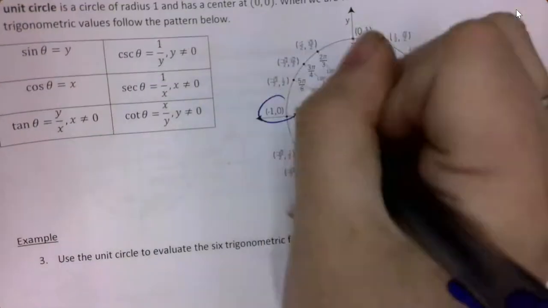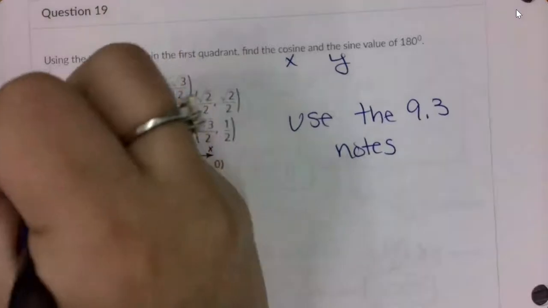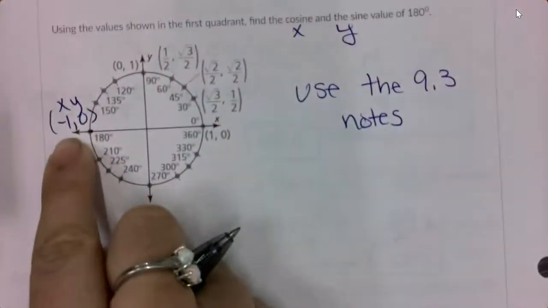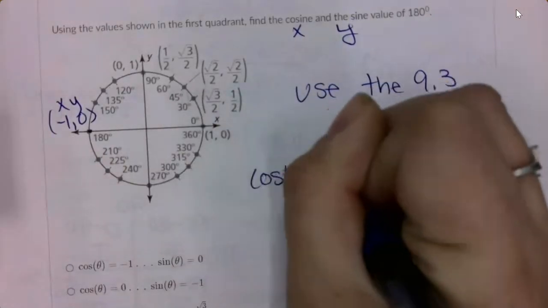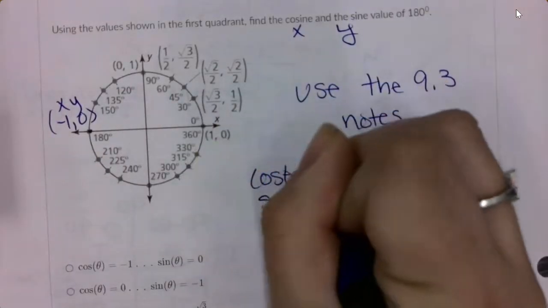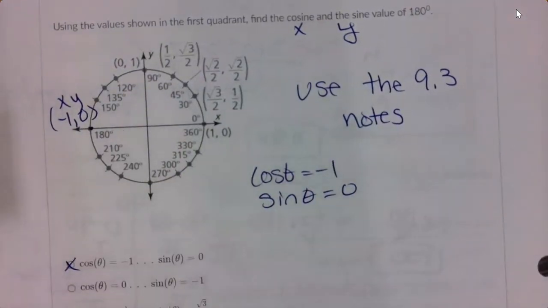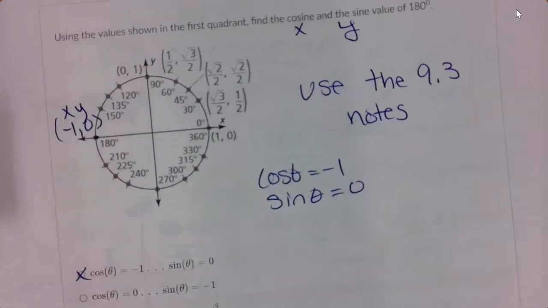So at 180, my point is -1, 0. So my cosine is going to be -1, and my sine is 0. So that is the first answer right there. Literally just putting them with the x and y.